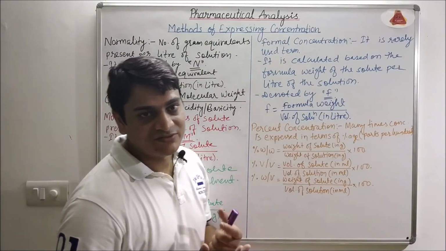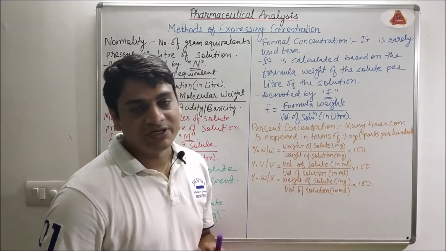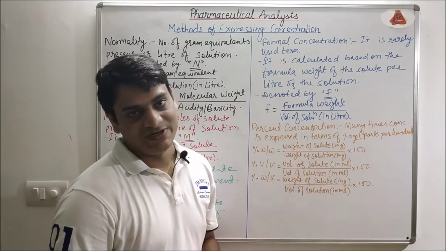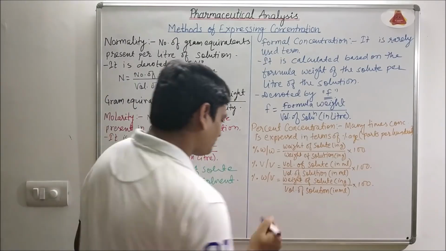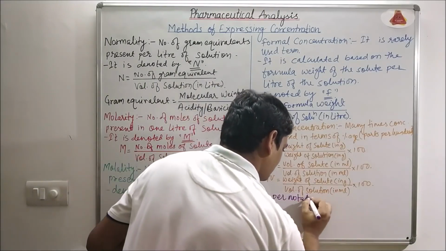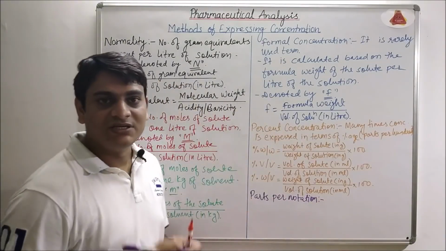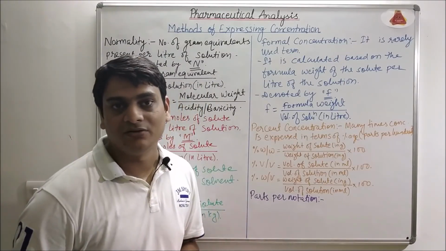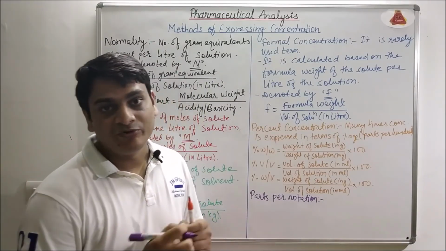Now coming to the next one, that is parts per notation, and under parts per notation we will discuss parts per million and parts per billion. Parts per notation is a frequently used term for very dilute concentrations, or we can use it for impurities.